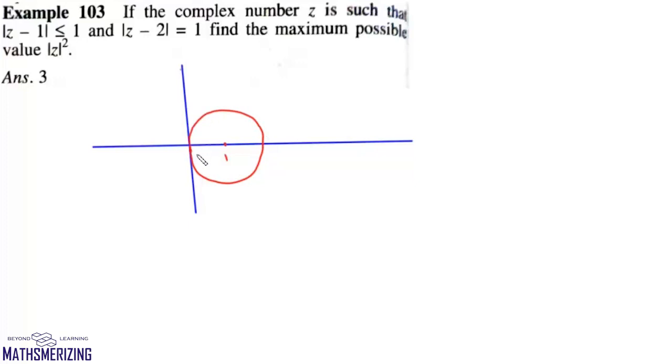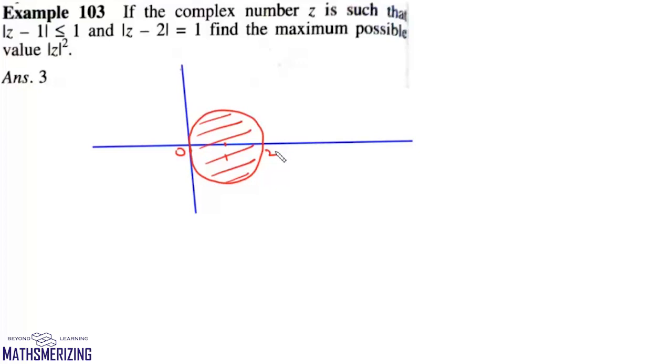Now here the question is, if the complex number z is such that mod of z minus 1 is less than or equal to 1. So we have coordinate axis and then we have a circle whose center is at 1 and whose radius is also 1. So we are talking about all the points on or inside this circle. Now this point is 0 and this point is 2.